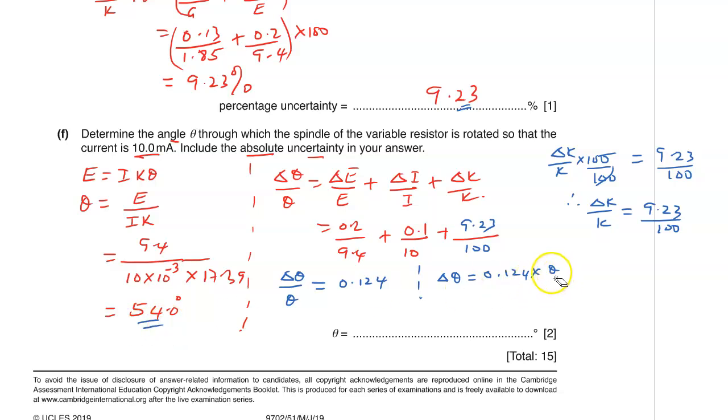We have found theta to be 54, so we just multiply by 54. So the absolute uncertainty is 6.7. Therefore, our value for theta, when the current is 10 milliamperes, is 54 plus or minus 6.7. And of course, this is going to be degrees, as you can see right there.